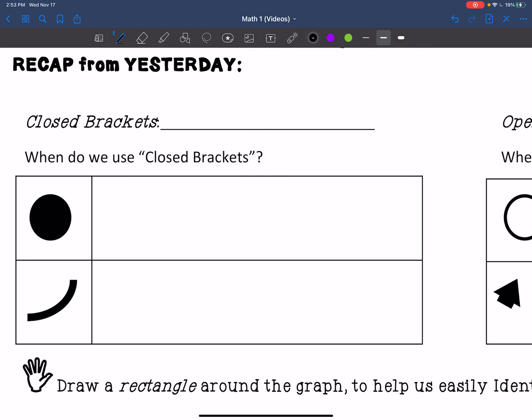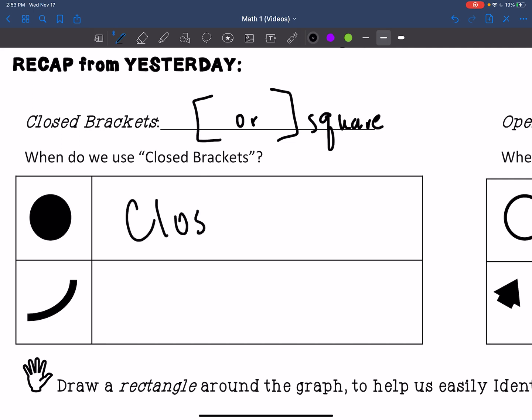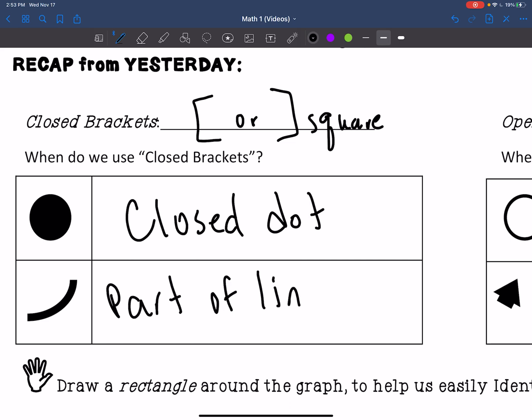So closed brackets are the square brackets. And we use these when we see a closed dot or when we see that the graph is part of the line or part of the curve that's drawn on your graph.